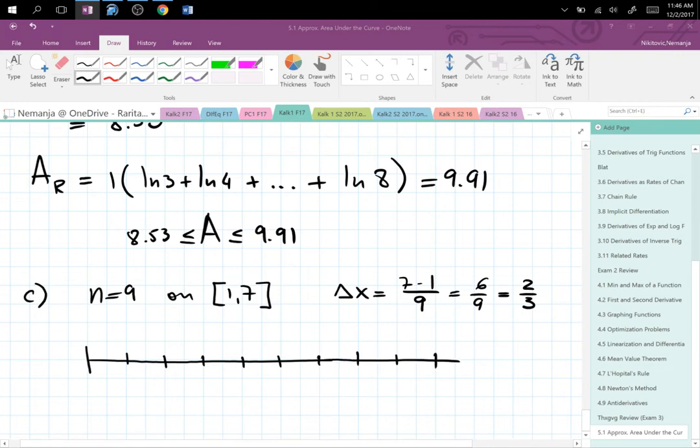So we start with number 1, and then this is 2/3, and then 4/3, and then 6/3, which is 2, and then 8/3, and then 10/3, and then 12/3, which is 4, and then 14/3, and then 16/3, and then 18/3. I lost it. How did you go from 1 to 2/3? Yeah, I have no clue.